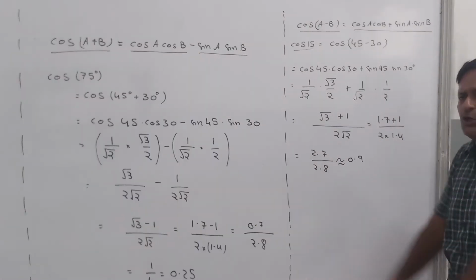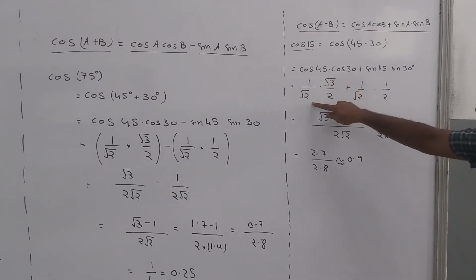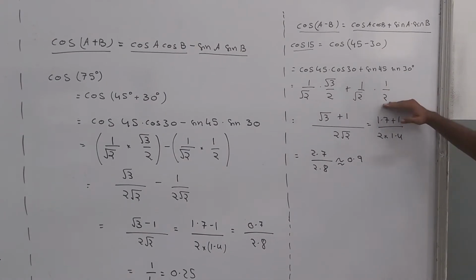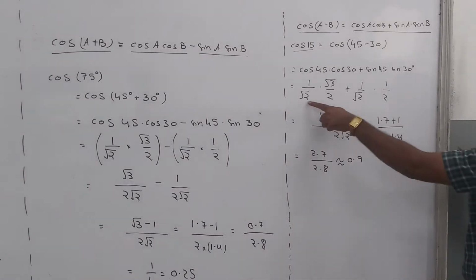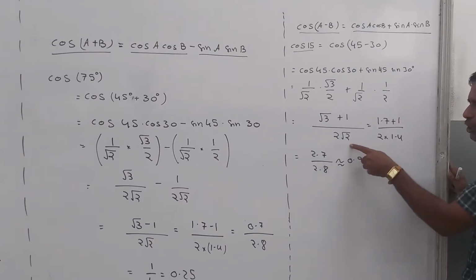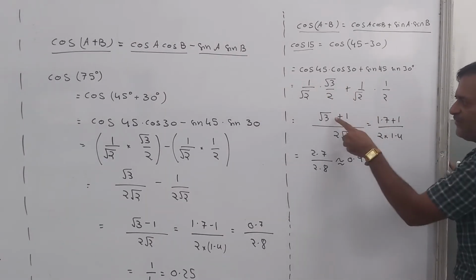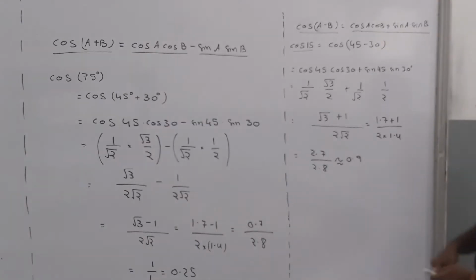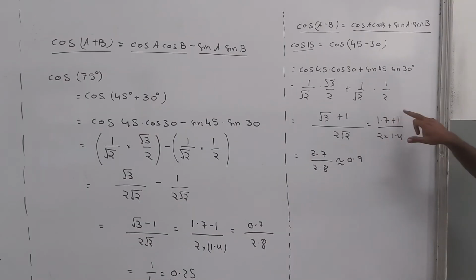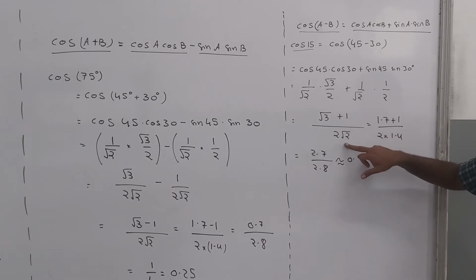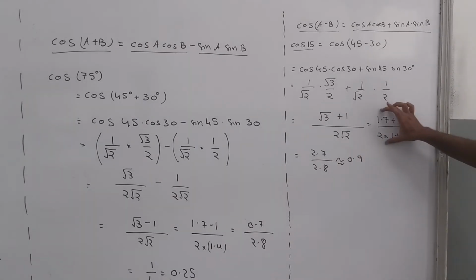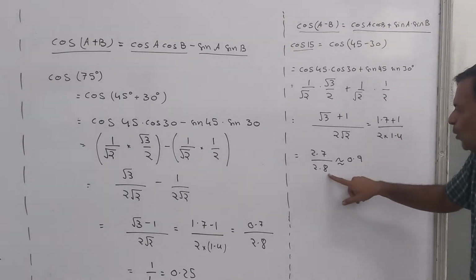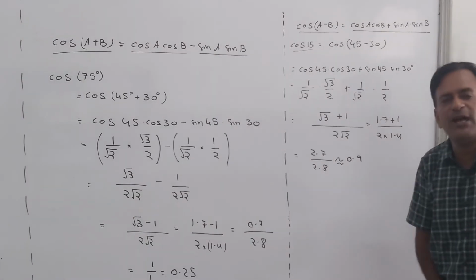Now put the values. The common denominator is 2 root 2. This is root 3 plus 1. Root 3 is 1.7, plus 1. Root 2 is 1.4. So 1.7 plus 1, 2.7, divided by 2.8, is approximately 0.9.